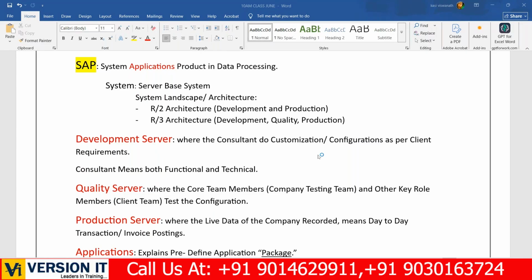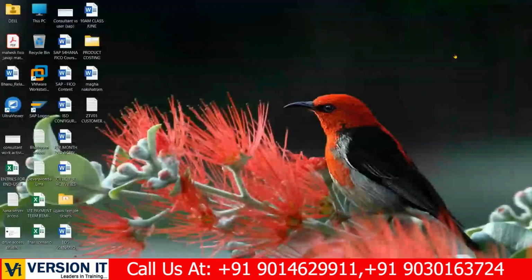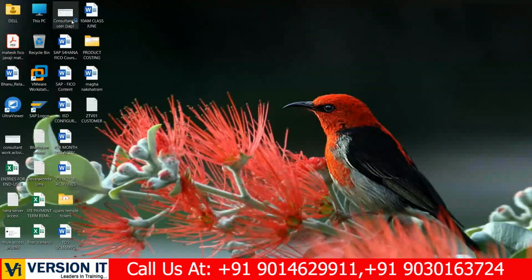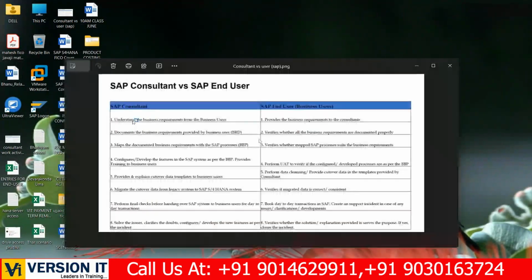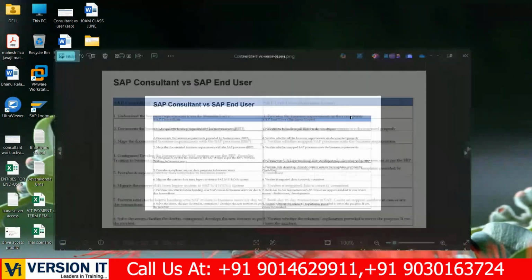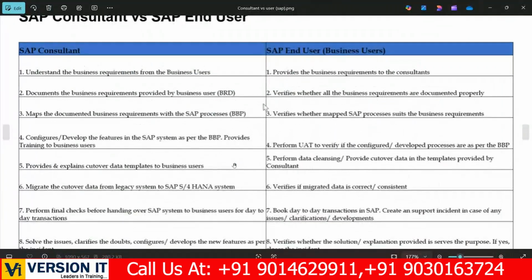So under development, let me understand the step procedure of development one by one. Step procedure as a functional consultant.